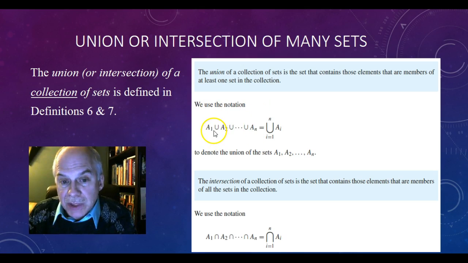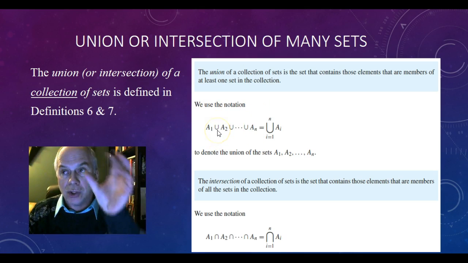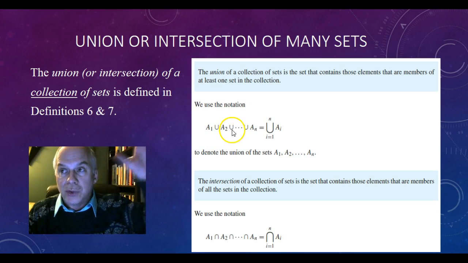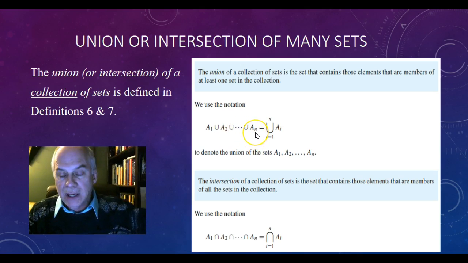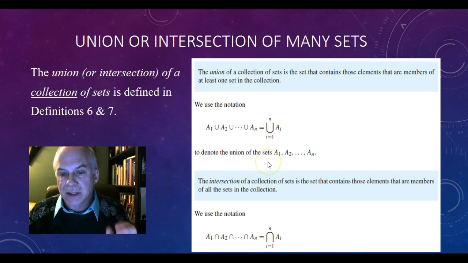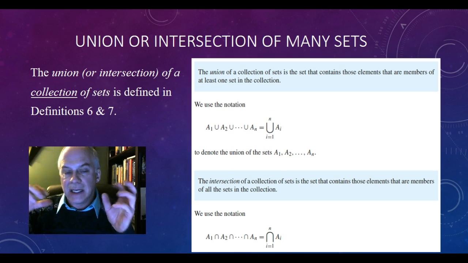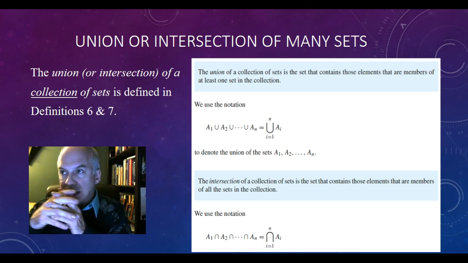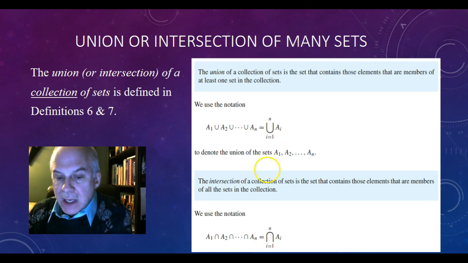So we use this notation, A1 union with A2, union with A3, all the way to union with A sub n, is denoted like this, but it basically means that it's any element that's in any of those sets.